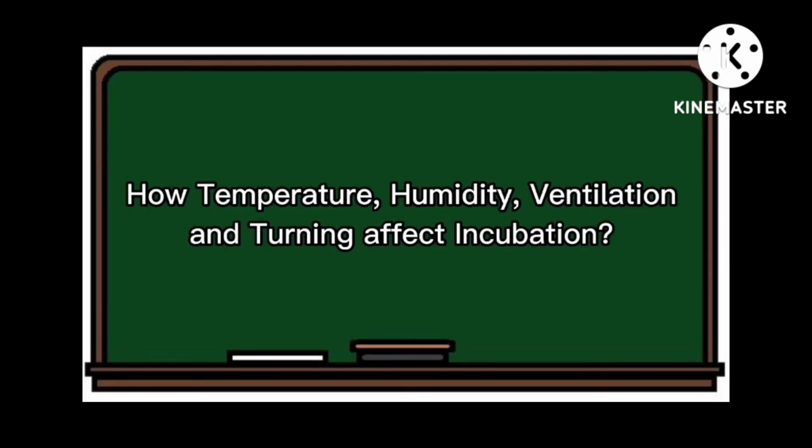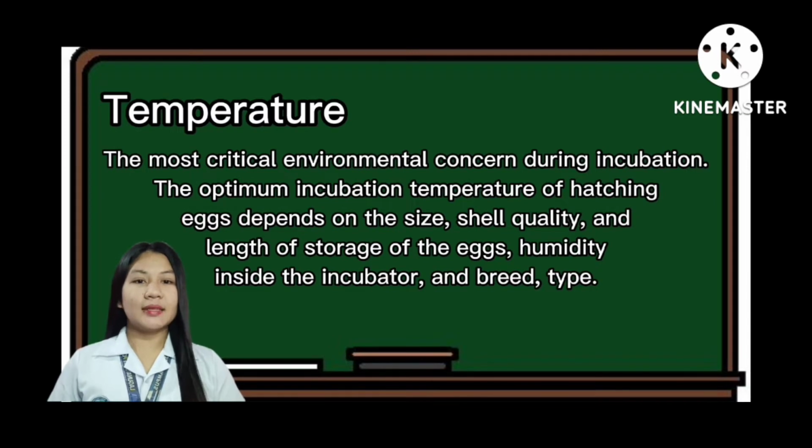How do temperature, humidity, ventilation, and turning affect incubation? Temperature is the most critical environmental concern during incubation. The optimum incubation temperature of hatching eggs depends on the size, shell quality, and length of storage, humidity inside the incubator, breed, and type.